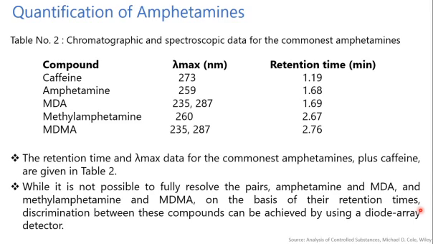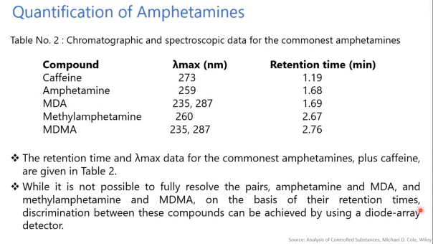Another derivative, MDA, has lambda max 235 and 287, with retention time 1.69. Methamphetamine has lambda max 260 and retention time about 2.67. MDMA has lambda max 235 and 287, with retention time 2.76.